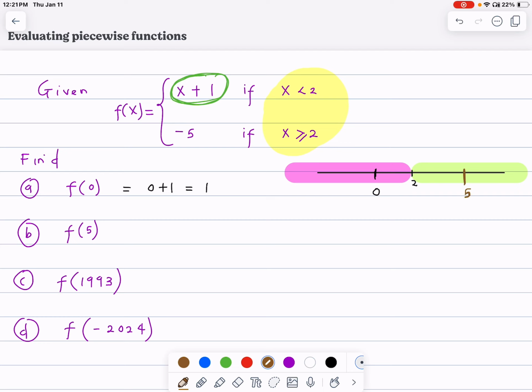So I'm going to consider this part of the function, because this is the part where x is greater than or equal to 2. 5 is greater than 2. So f of 5 is just going to be -5. That's it.